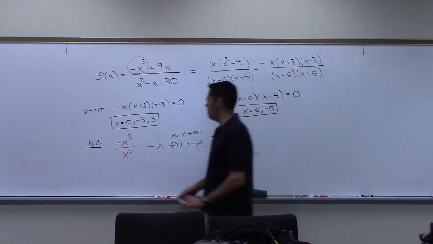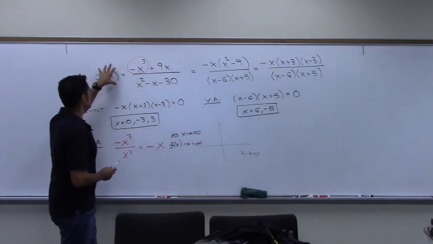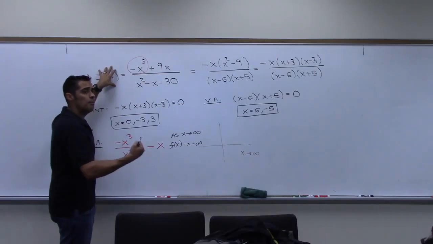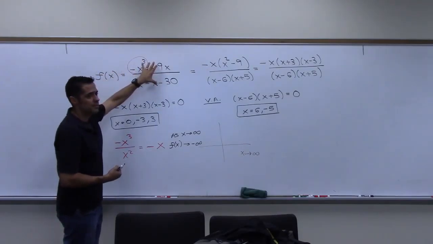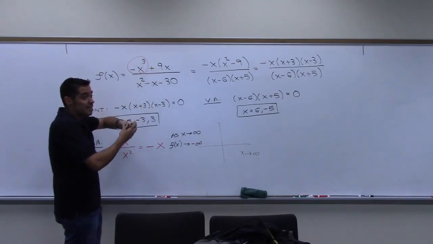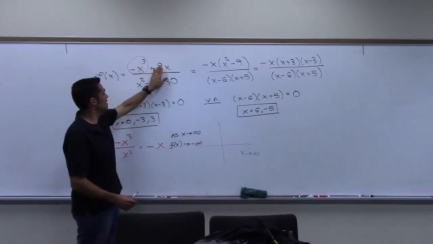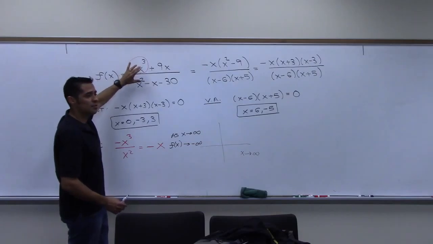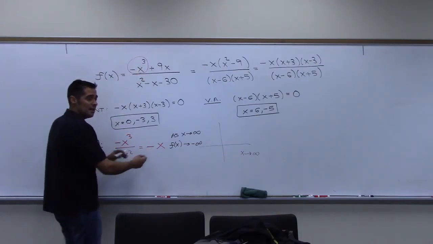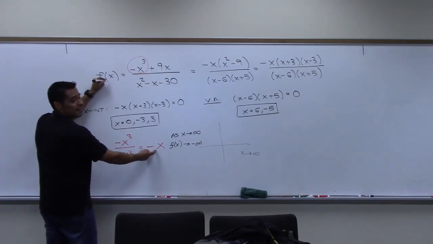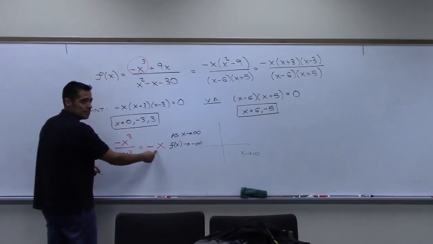Okay, look, this function right here, f of x, is the output of the function, right? The output of the function is this. And when x gets really big, this stuff is insignificant. It's just this over this. If we do that, it turns out to be negative x. So what we're saying is that the function, the outputs, are behaving like this.